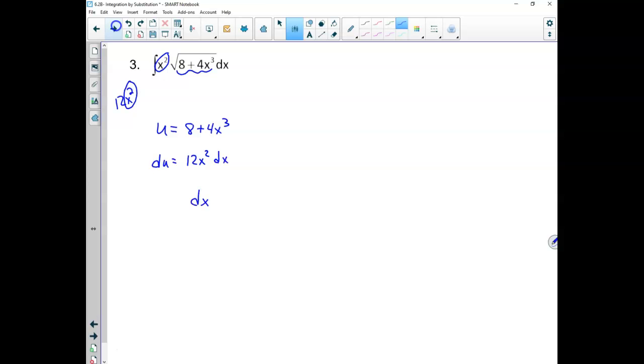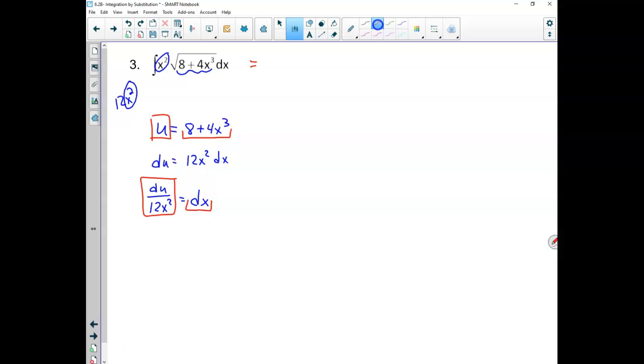So then, this is my own little system over here, du over 12x squared. I am going to substitute in, basically, let me show you. What I'm going to actually substitute is I'm substituting in for this and I'm substituting in for that, so I can rewrite everything in terms of u.